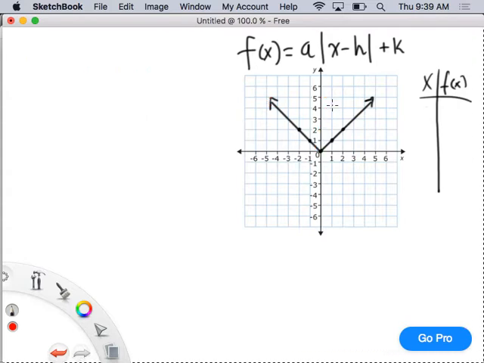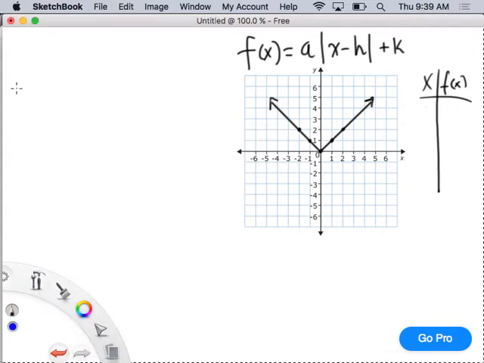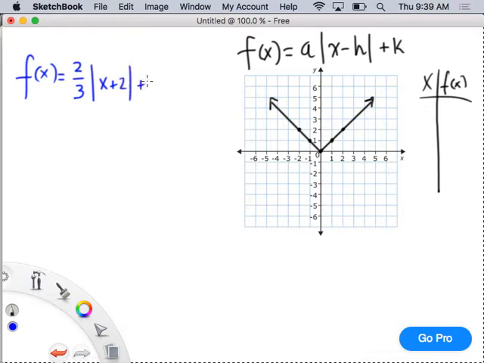All right. So now there's another component to it. It's actually something you guys should all be able to kind of understand pretty quickly. Where's the vertex of this one? -2, 1.